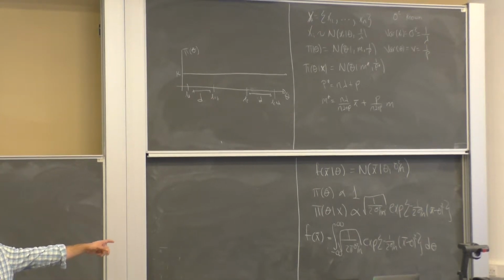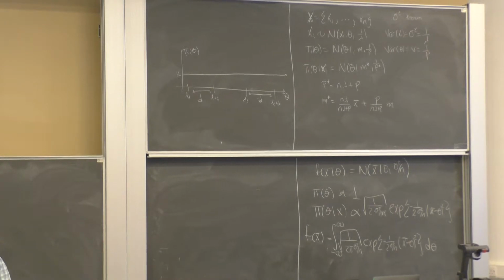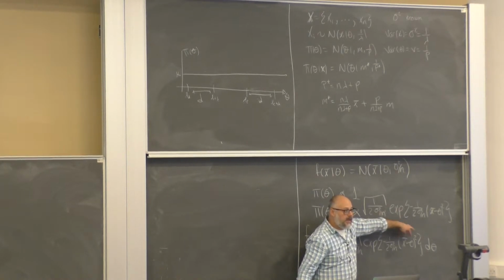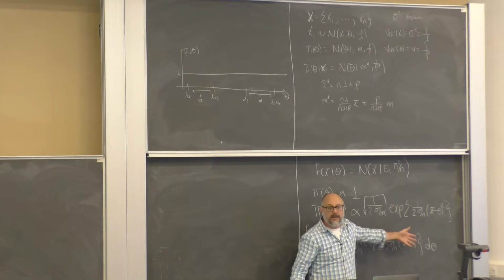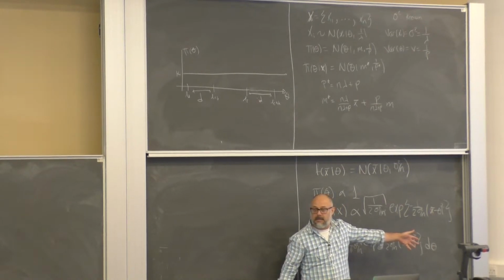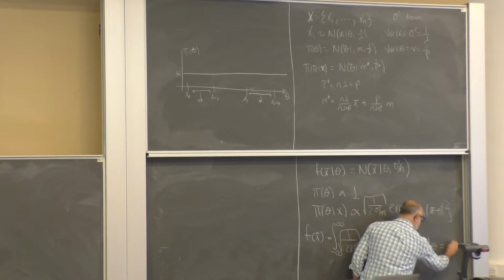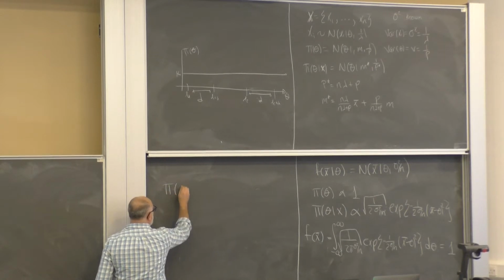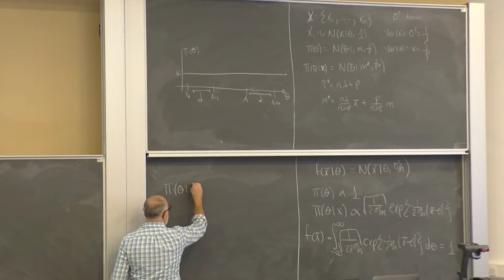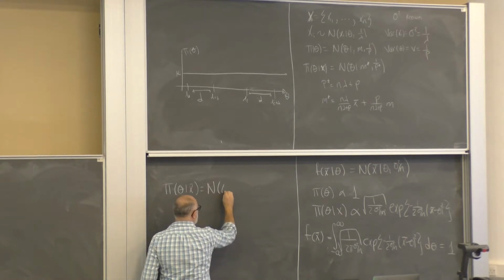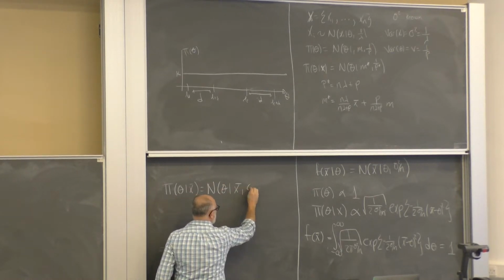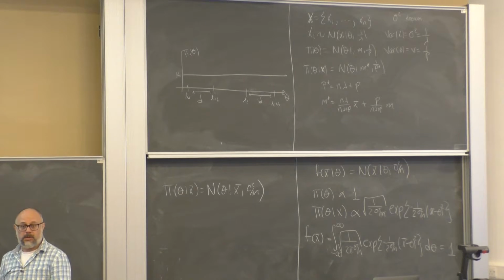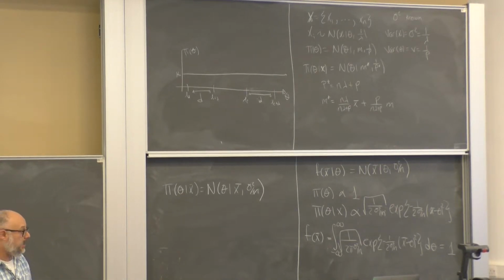I know that that is 1 with respect to x bar, because that is the sampling distribution. But clearly, if I integrate this with respect to theta, this integral is also 1, right? So what that means is that the posterior distribution is Gaussian.